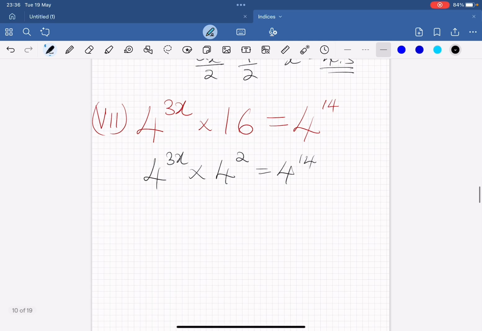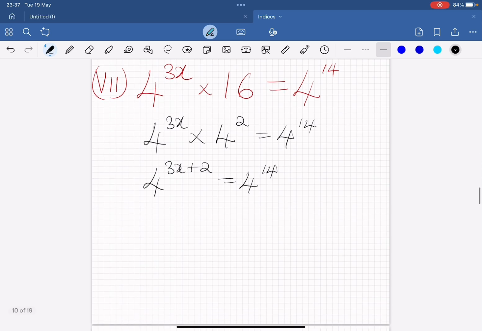Hence, when I have a common base of 4, I can simply say 3x plus 2 is equal to 14. Now, once the bases are the same, just like we have been doing, you can then equate the powers.